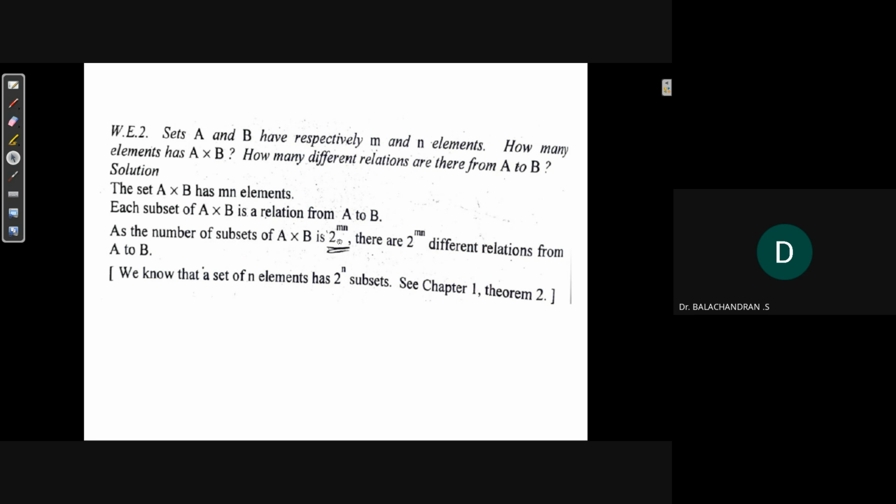So totally 2 power mn subsets in A cross B. That means 2 power mn different relations from A to B. If you have any doubts, you can ask me about this question, or otherwise we go to the next problem.